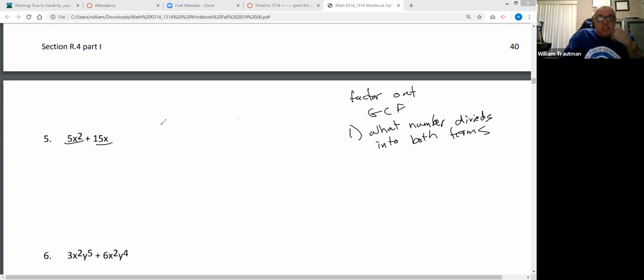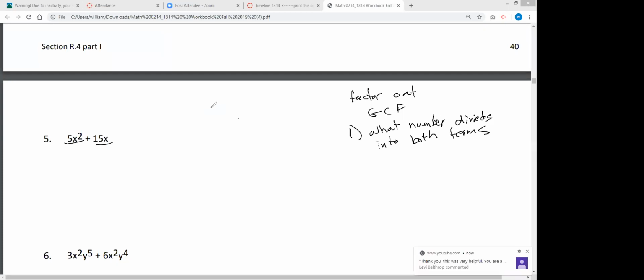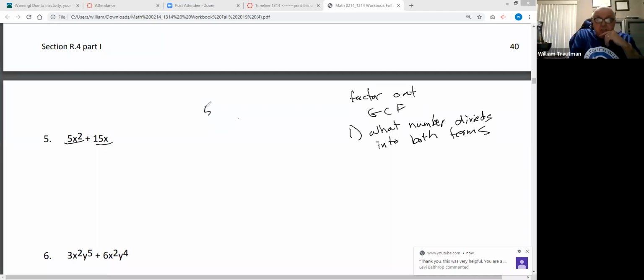What number divides into 5 and 15? What's the largest number? 5. Yeah, 3 doesn't divide into 5. You see 5 is only 1 times 5. 15 is 1 times 15 or 3 times 5. The largest number in both of these is 5.